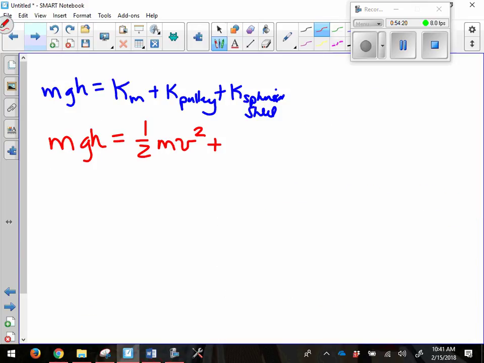Okay, so the pulley is rotating. How do I write rotational kinetic energy? Okay, and I'm going to call it omega pulley. And then I'm going to have a similar expression for the spherical shell.